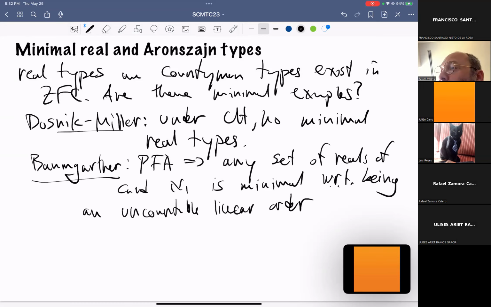Or for that matter, in the context of this talk, it's minimal with respect to being non-sigma scattered. For a set of reals, those two things are the same. Now, these are the two natural results for sets of reals, real types. For Ehrenfeucht types, the story is a bit more complicated.